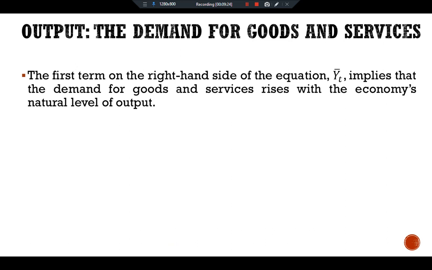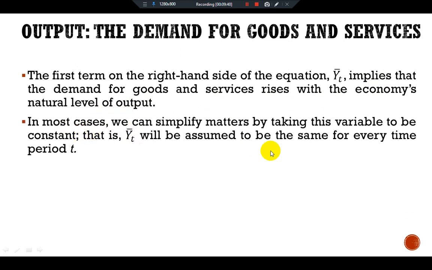While we further discuss the demand for goods and services, the first term on the right hand side of the equation, Y bar T, implies that the demand for goods and services rises with the economy's natural level of output.